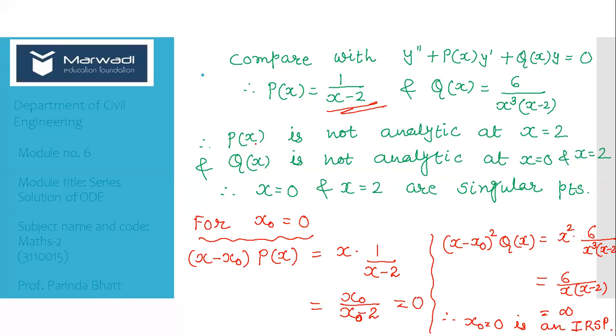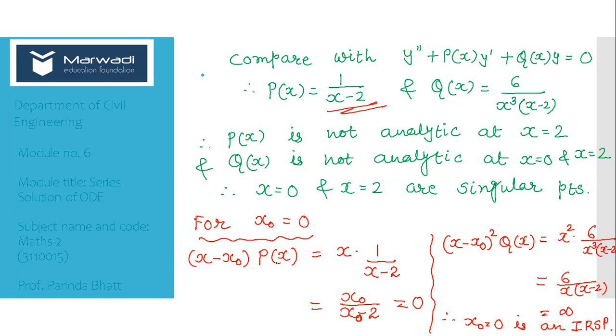For all the remaining points, the function is analytic, and that's why all these remaining points are known as ordinary points. Now, after finding the singular points, we have to classify whether they are regular or irregular. Now we check for the first one, x0 equal to 0.